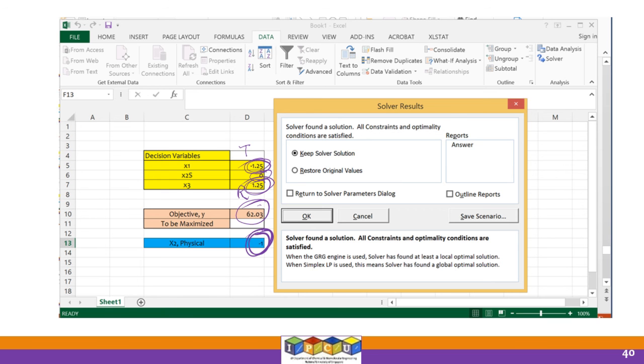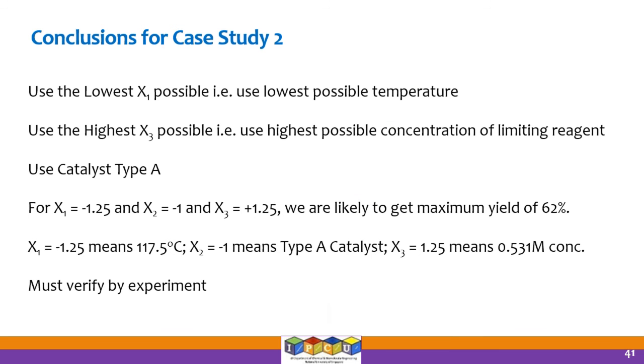Okay, so this is how you do experimental design. You come up with the models using a tool like Stepwise, and you put that model into a MATLAB fmincon kind of solver, or use Excel Solver, to find the best values for the three factors here. So basically these are the conclusions.